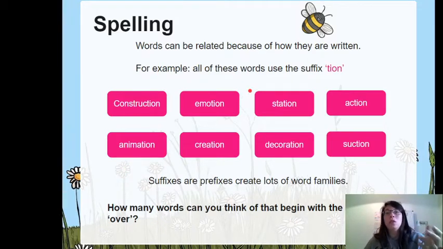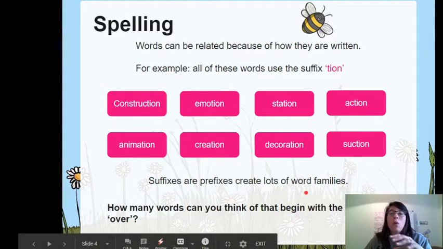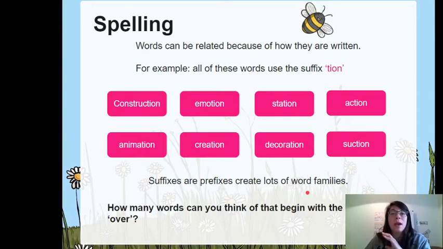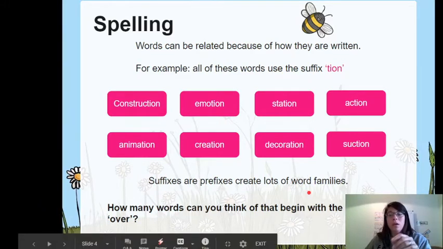I'm changing the word estimate by adding over at the beginning, and I'm changing the meaning of it completely, okay? Now, I don't want you to think about that part too much. I just want you to know that a suffix is an ending of the word, and a prefix is how a word begins, okay? That is the part that I need you to focus on, okay?